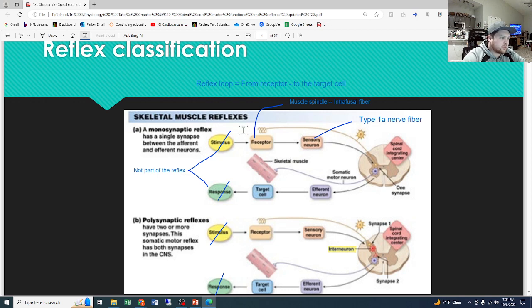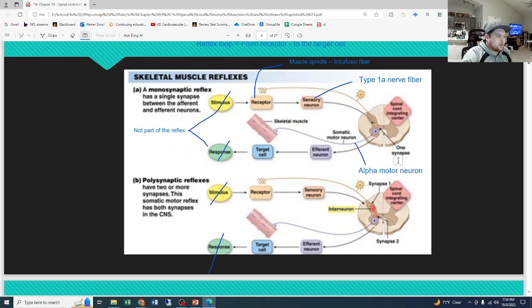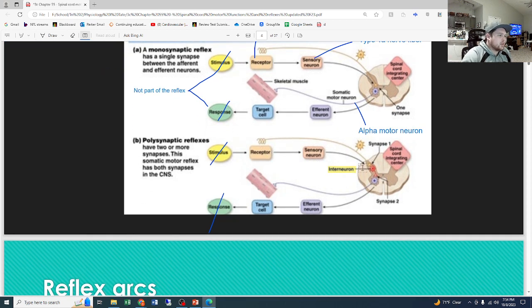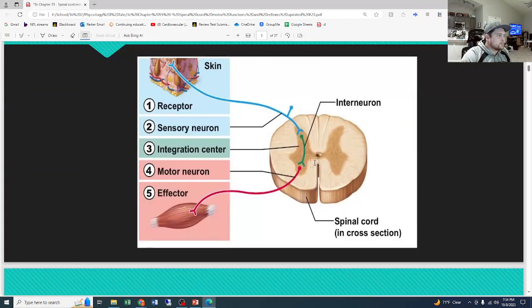It synapses onto a somatic motor neuron, also known as an alpha motor neuron. Those then go to the skeletal muscle to cause the movement to occur. Polysynaptic is very similar. It has this interneuron in between, and we'll talk more about that a little bit later.